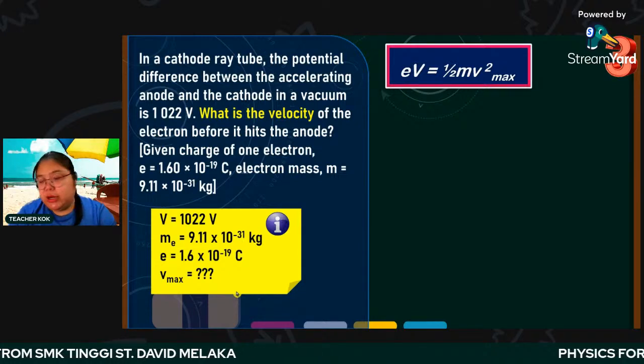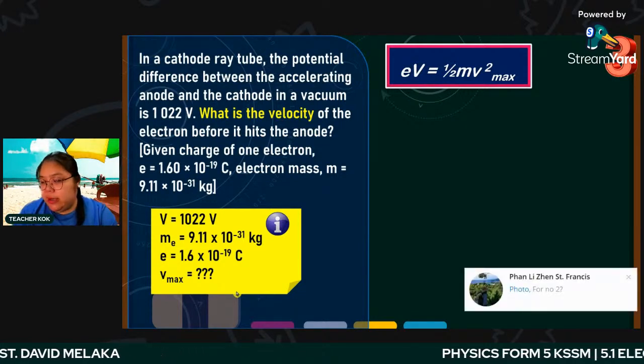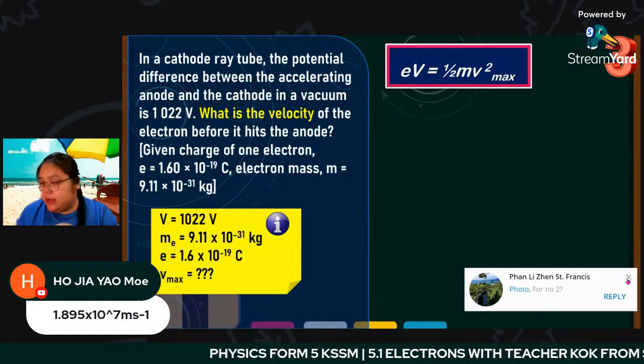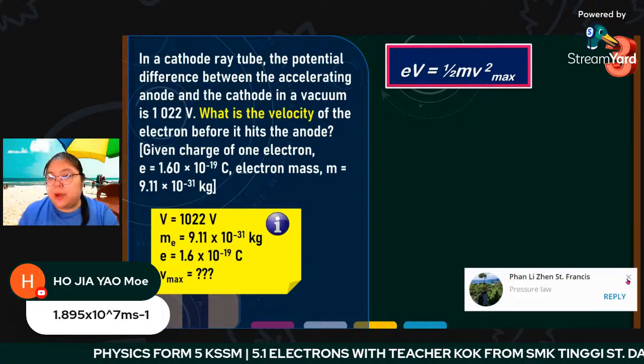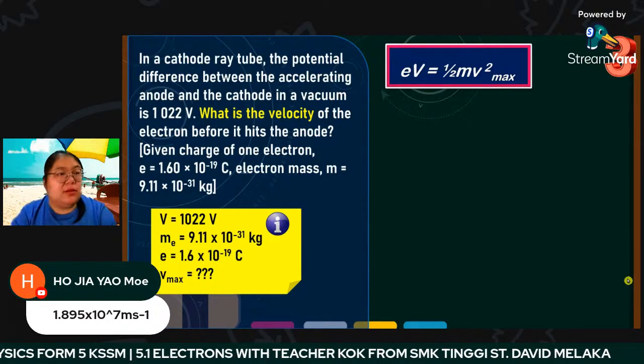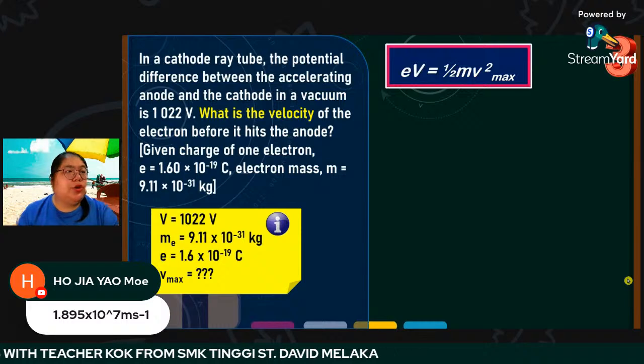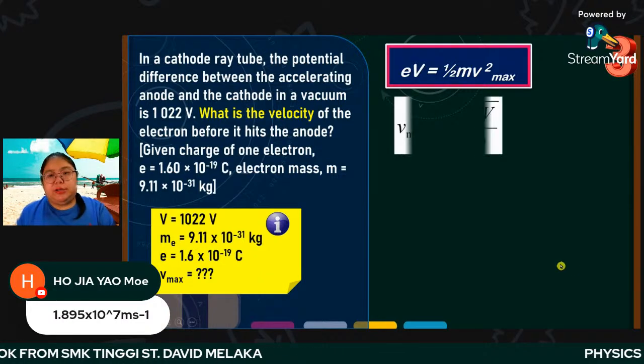Okay, Jaya has shown already. 1.895 times 10 power of 7. Okay, so from here we go to show the calculations.